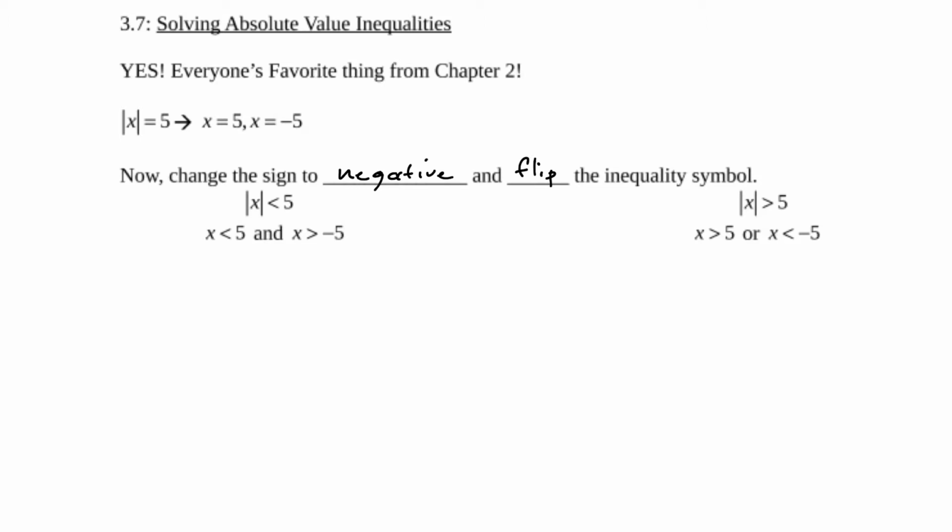But there's a couple notes that I want to make on the bottom of this page. So again, the first step will always be to get the absolute value all by itself on one side of the inequality. But then, very important, if it's a less than after you get the absolute value all by itself, then that's going to tell you that this problem is an AND problem, which we also said was the intersection.